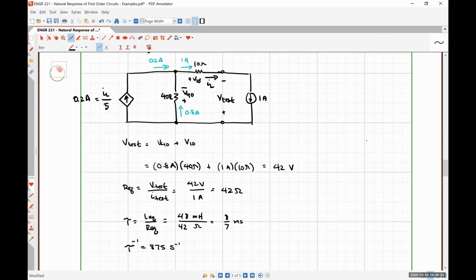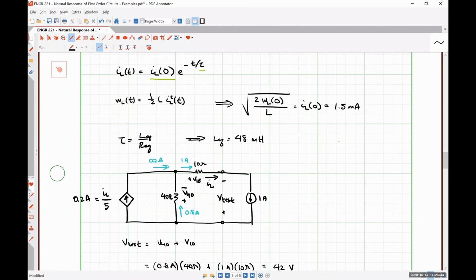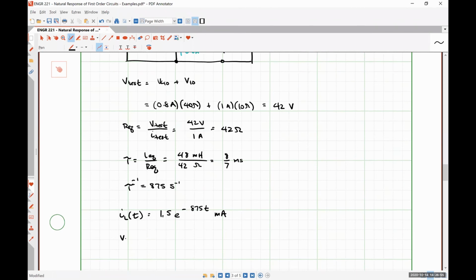So we can put all of that information together to find that IL as a function of time for t greater than 0 is 1.5 e to the minus 875 t milliamps, and VR of t is then negative 0.8 IL of t, 40 ohms is equal to negative 48, excuse me, e to the minus 875 t millivolts.